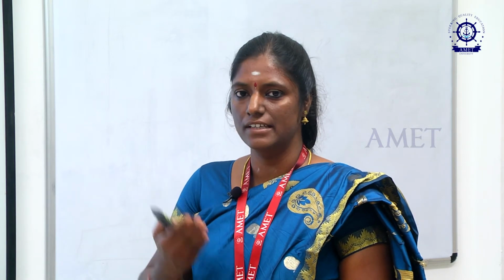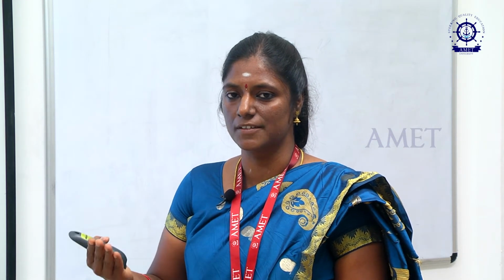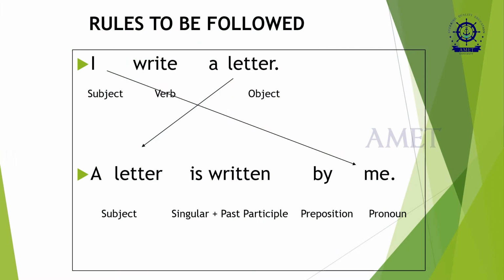So, only one letter. I write, so, simple present tense, singular. We have to use is. So, a letter is write. What is the third form of write? Write, wrote, written. So, we have to use written. A letter is written. Then we have to add preposition, that is by.